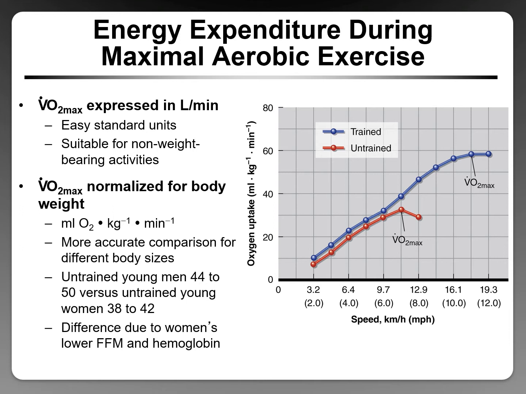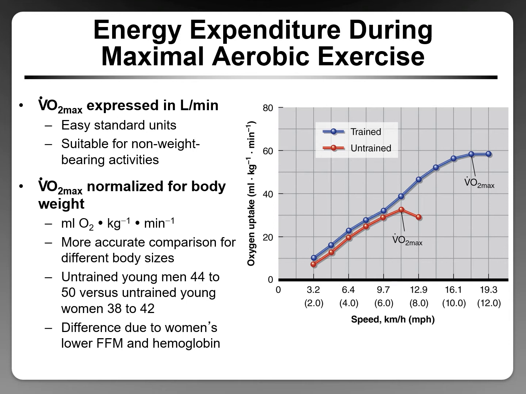All right. So we also know that untrained individuals are going to have lower VO2 maxes than trained individuals. So if you look at your graph to the side, we can see two different individuals, the trained in blue and the untrained in red, performing a VO2 max test. As you can notice, the untrained individual did not get as far as the trained individual.